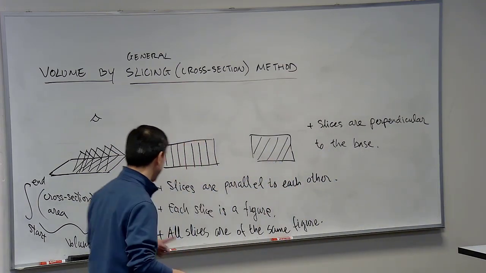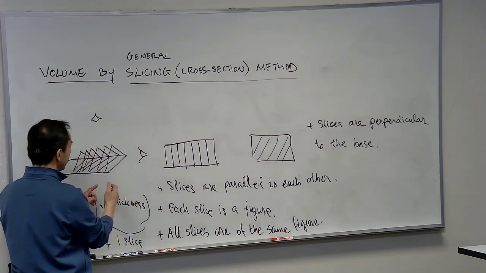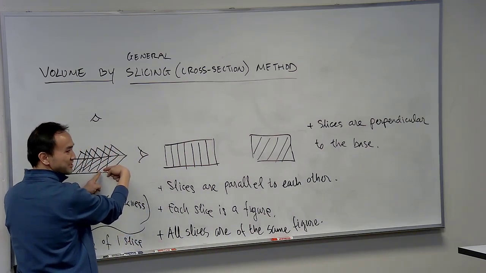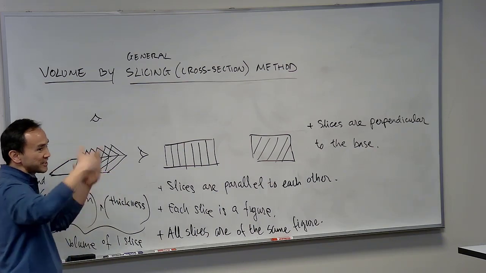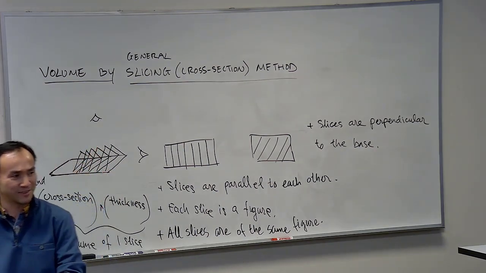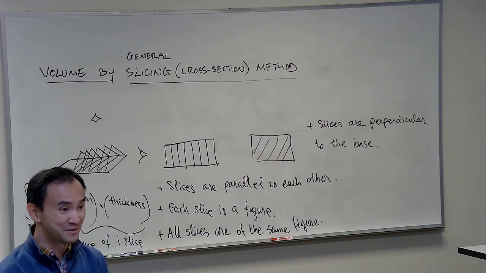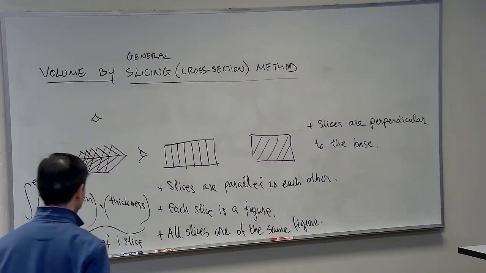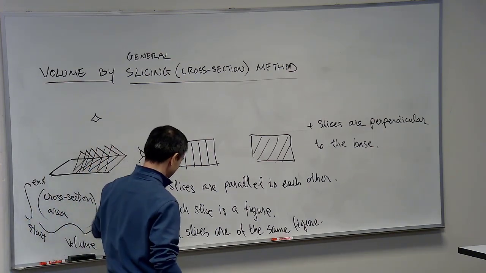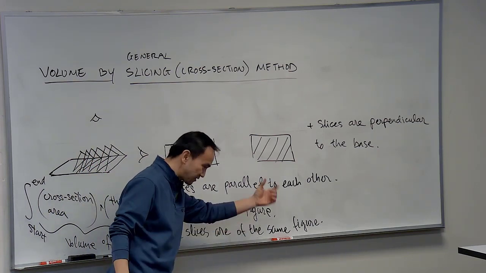It cannot be that we deal with a situation where it's a circle here, the next slice is a square, and the next is a rectangle. It's going to make life too hard for us. See what I'm saying? Yes, each slice is some kind of figure, but in the end, we want all slices to be of the same figure.